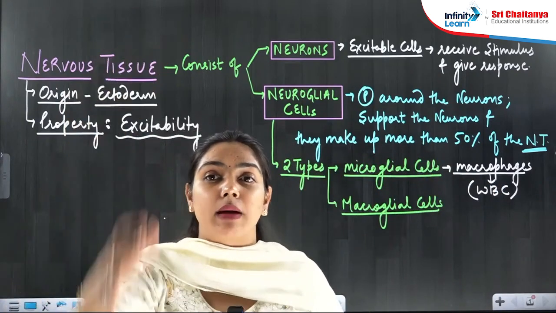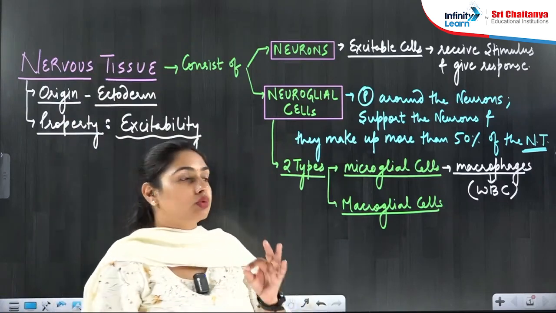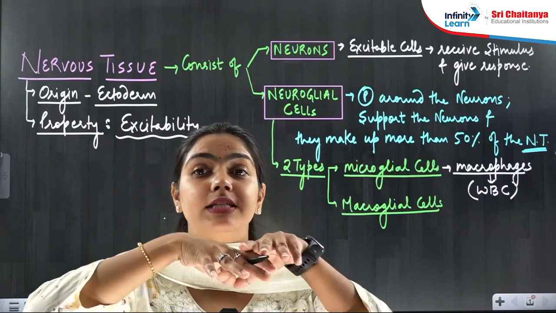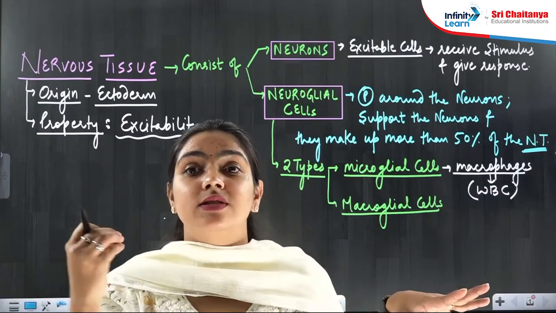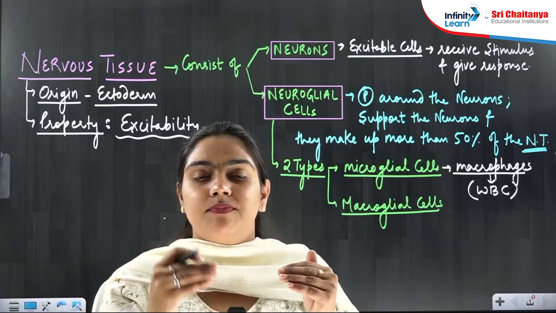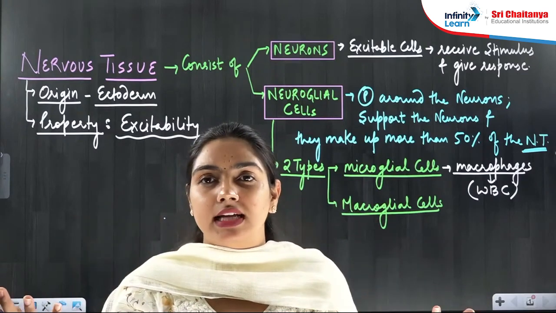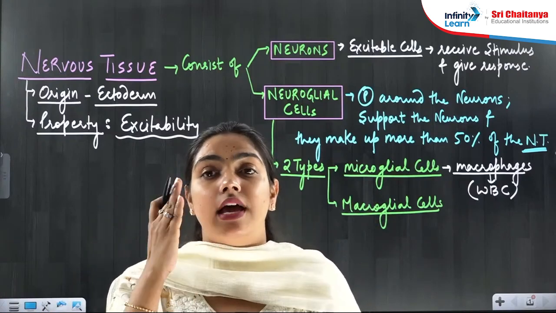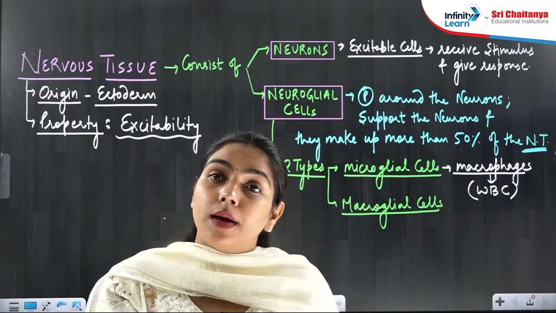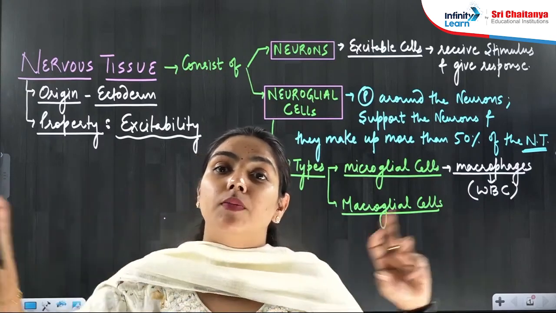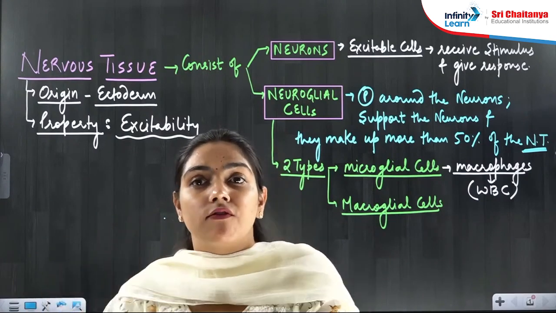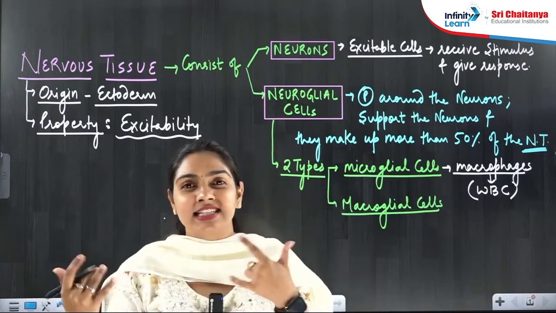Monocyte becomes macrophage when it enters into the tissue. When it is present in the blood, it is a monocyte. In the blood, formed elements are there: RBC, WBC, and platelets. In the WBC, many types are there: neutrophil, basophil, eosinophil, monocyte, lymphocyte, just like a song.